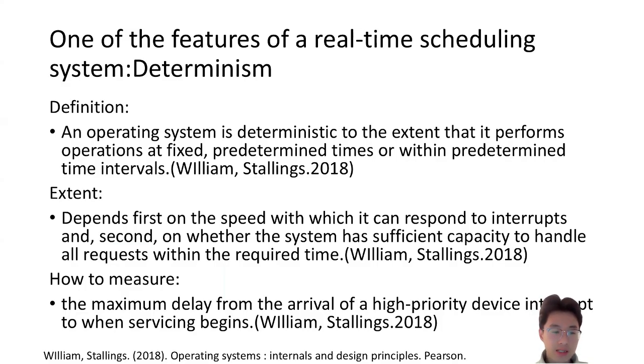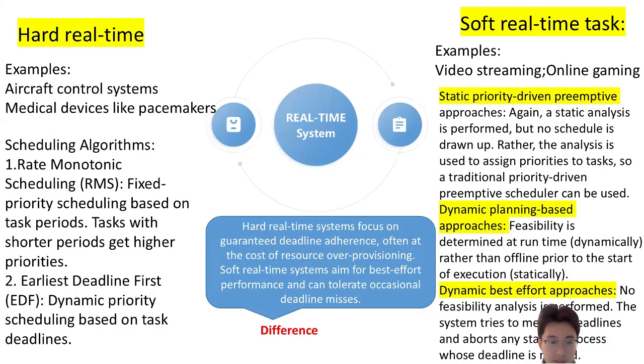And how to measure it is the maximum delay from the arrival of a high-priority device interrupt to when servicing begins. And here you can see the difference between hard real time and soft real time. Hard real-time systems focus on guaranteed deadline adherence, and soft real time aims for best-effort performance.